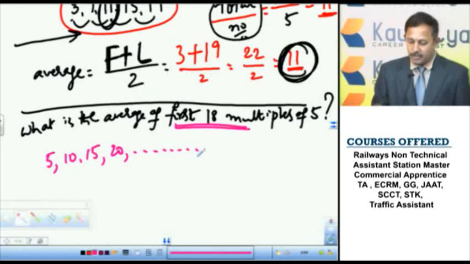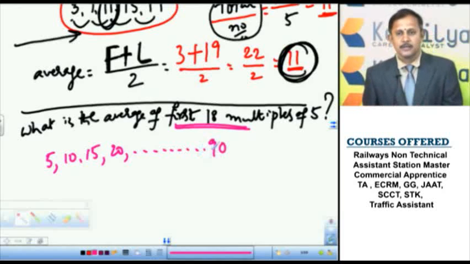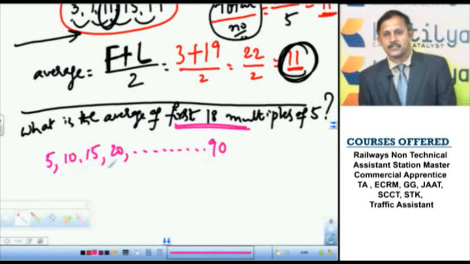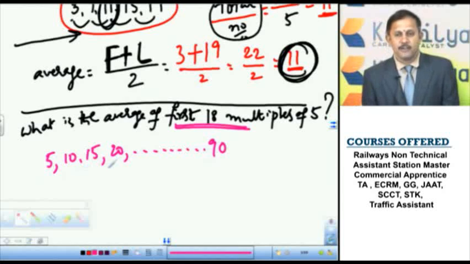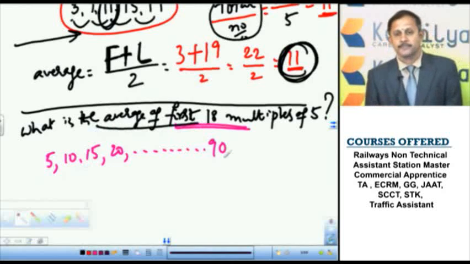That is 5 into 18, or simply saying 90. So these are the 18 elements which are the multiples of 5. 5, 10, 15, 20, like that we have to take 18 elements, and of course the 18th element will be 5 into 18. And here we are interested in finding the average of these elements.